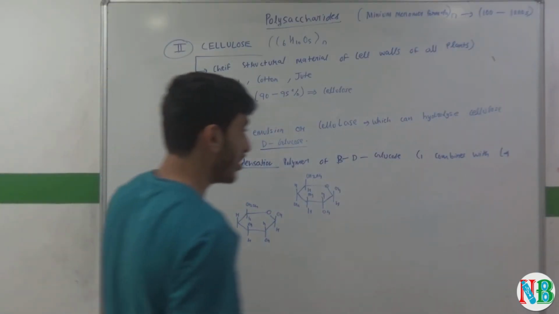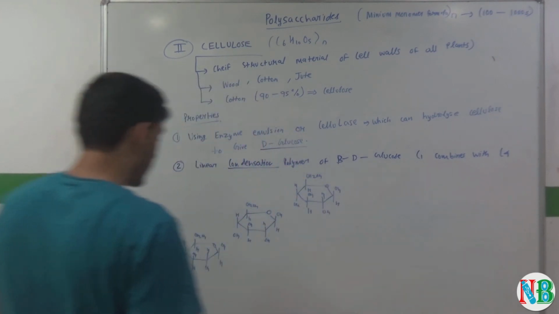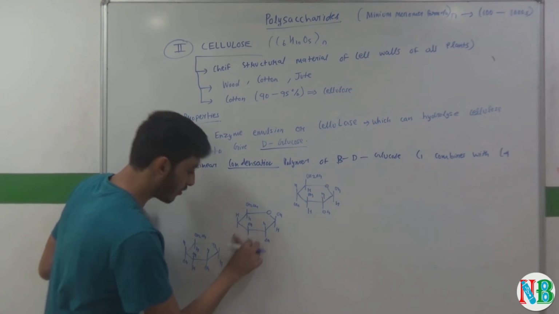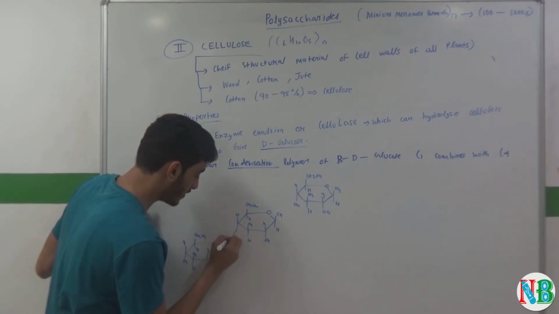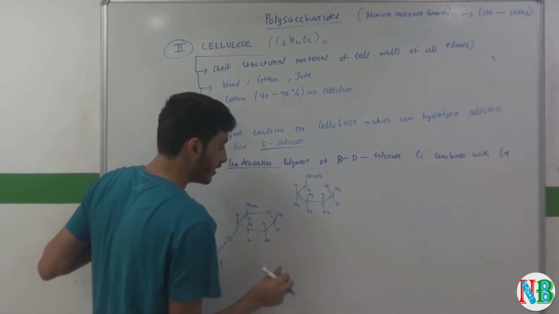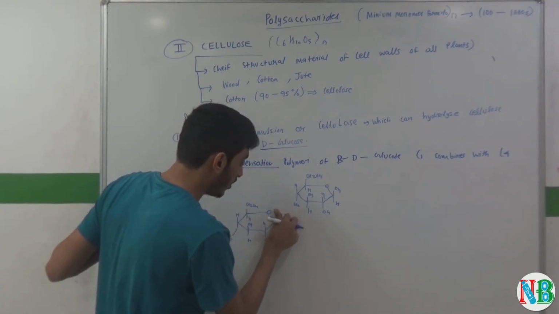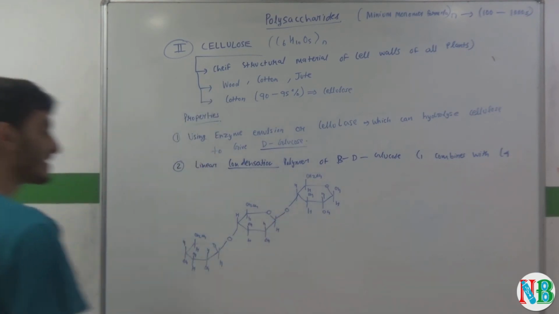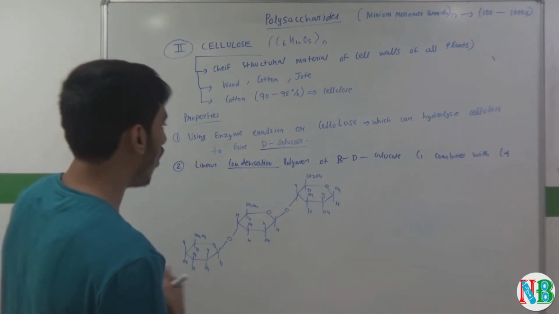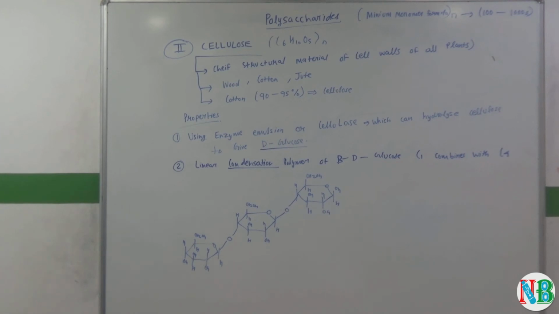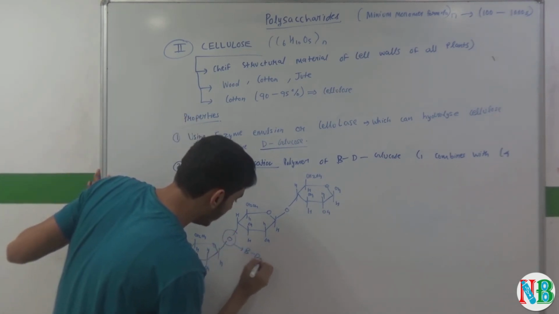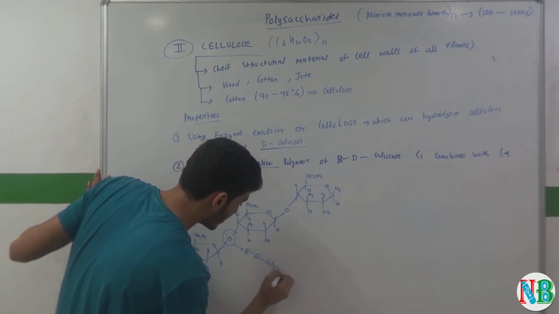Now you have to form bonds between C1 and C4. So you just remove one OH and one hydrogen, and form a bond like this. In a similar way, remove one molecule of H2O and form a bond like this. So this is the linear structure of cellulose. This bond is known as beta D glycosidic bond.